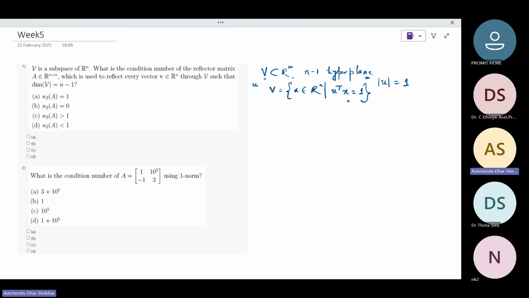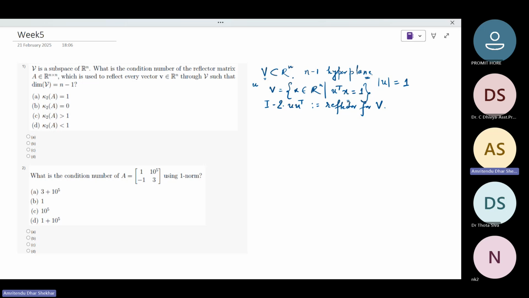Now, if you construct a reflector with respect to this hyperplane, then the linear transform that corresponds to this reflector is given by I minus 2 u u transpose. So this is the reflector for V.